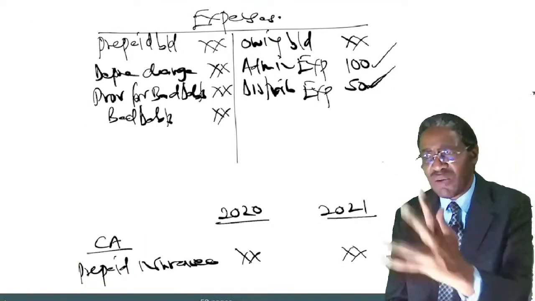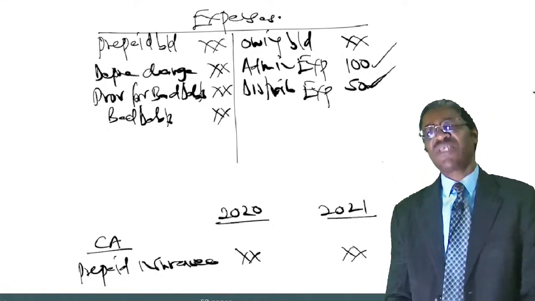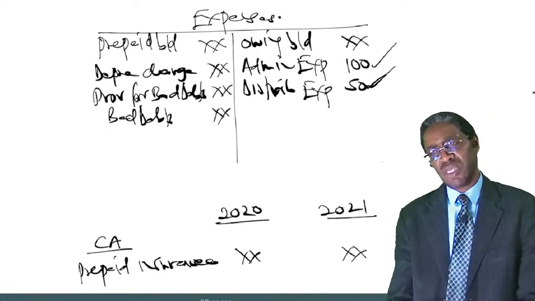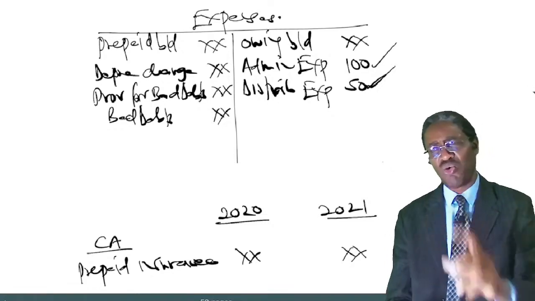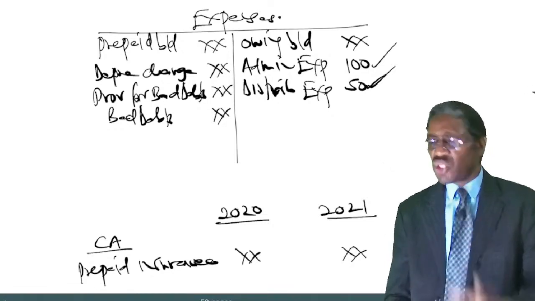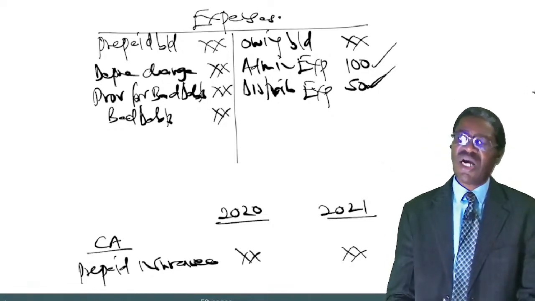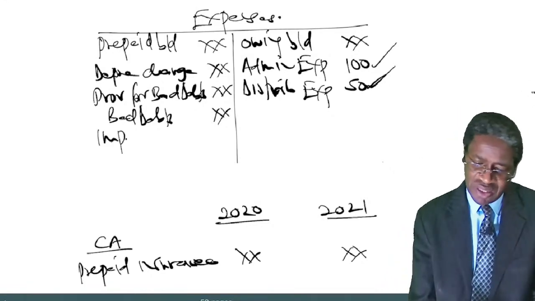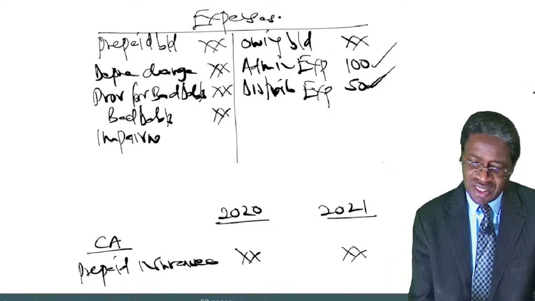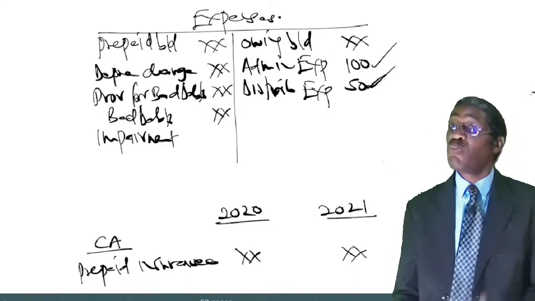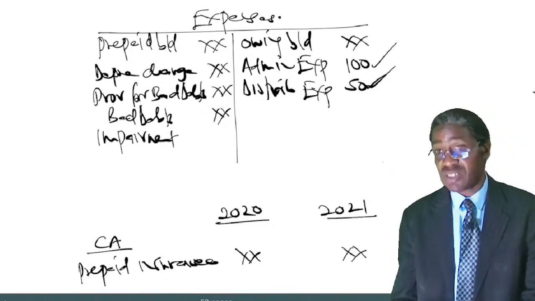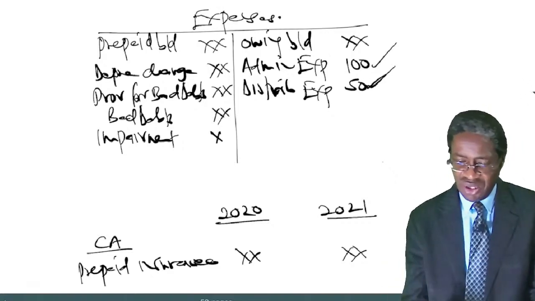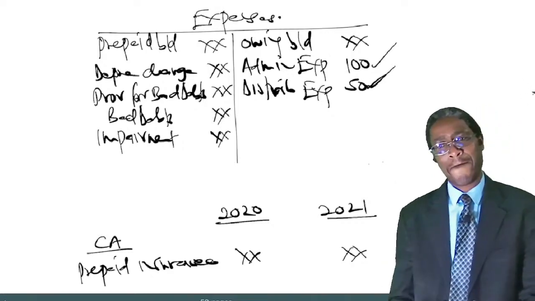Another one somebody has given us is impairment. Maybe you impaired your goodwill and you charged it as an admin expense. So when you charge impairment, obviously again, that is not an expense you paid in cash. It is an uncashed item, whatever it is.